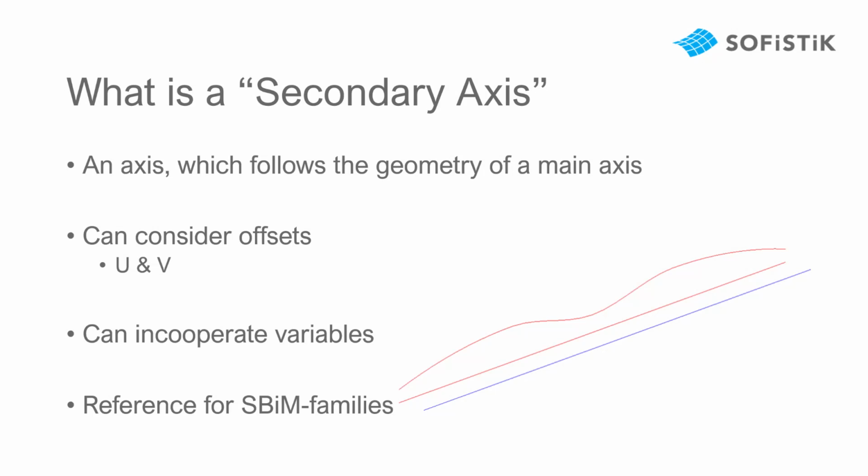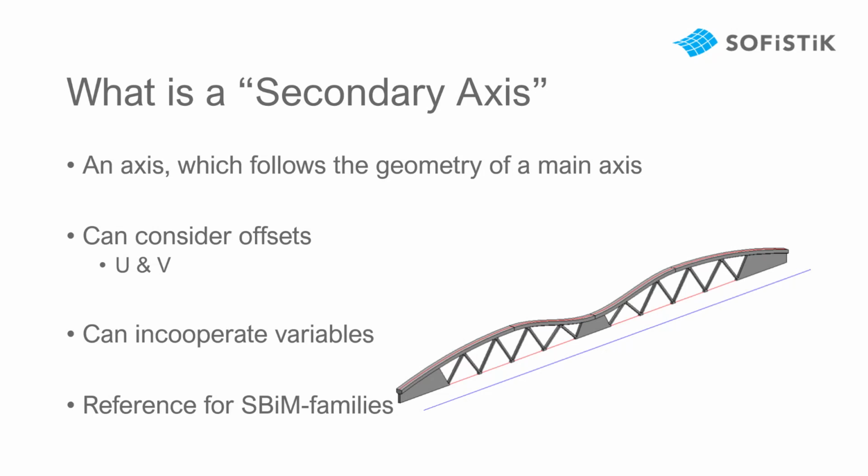For example, here you can see a continuous superstructure, but you can also combine different functionalities like cross members that allow you to place specific geometries in an interval, still referencing the secondary axis.